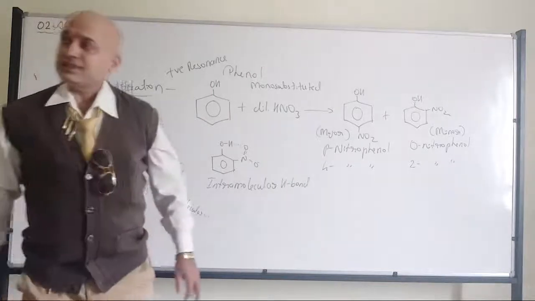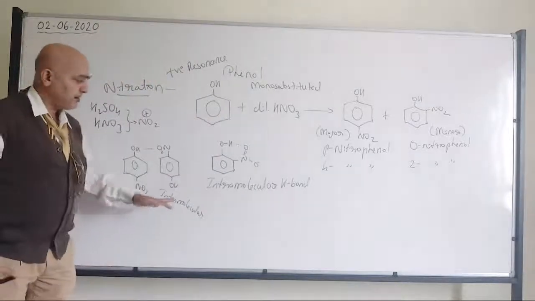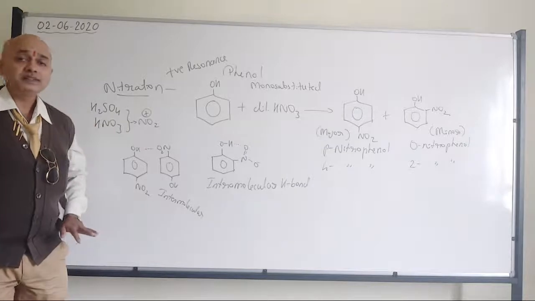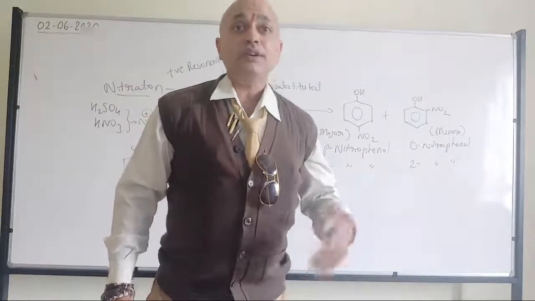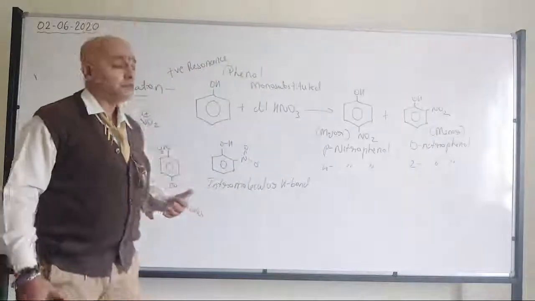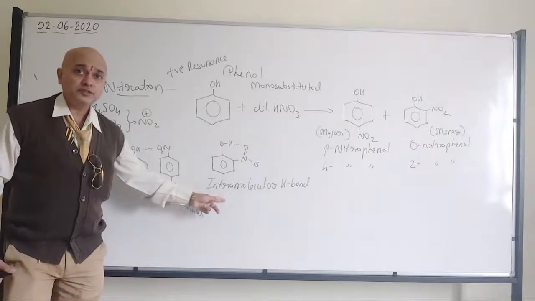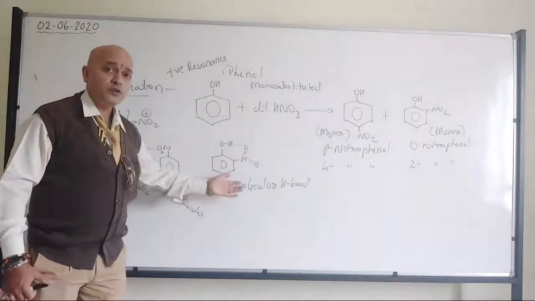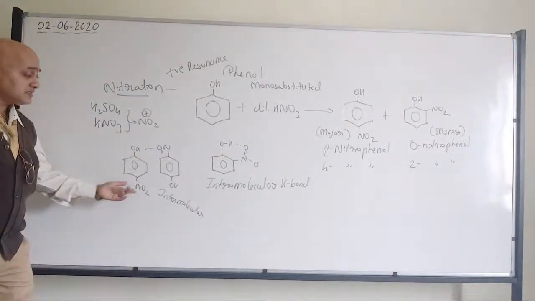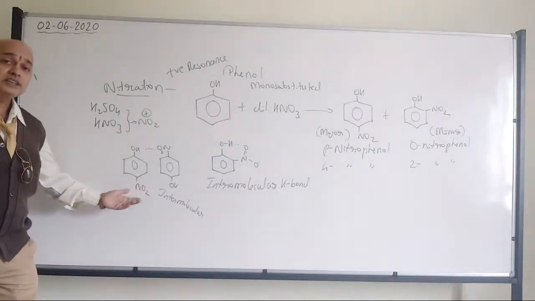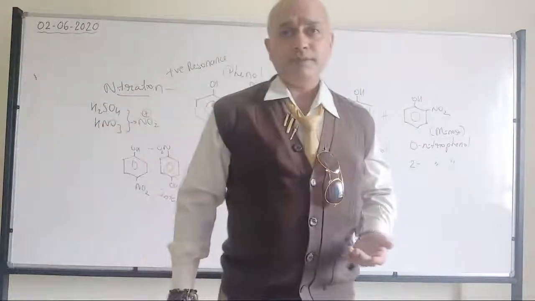So due to the presence of intra and intermolecular hydrogen bond, they can be easily separable because they differ from each other with respect to melting point or boiling point. What is the reason? Intramolecular hydrogen bond will lead to lower boiling point or lower melting point for orthonitrophenol. Due to the presence of intermolecular, it will lead to the higher boiling point or higher melting point.